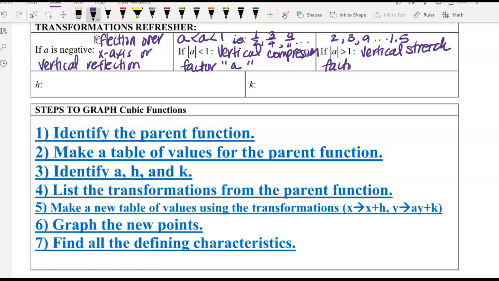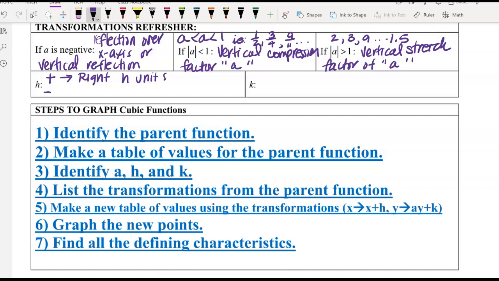Factor of, if it's 1.5, then we say factor of 1.5. H: if H is positive, students, you are going to go right H units. If you hear us saying translation to the right, or horizontally shifting to the right, that's the same thing.